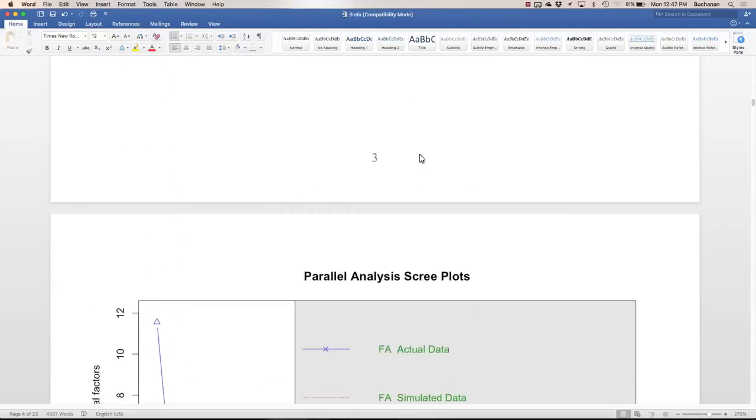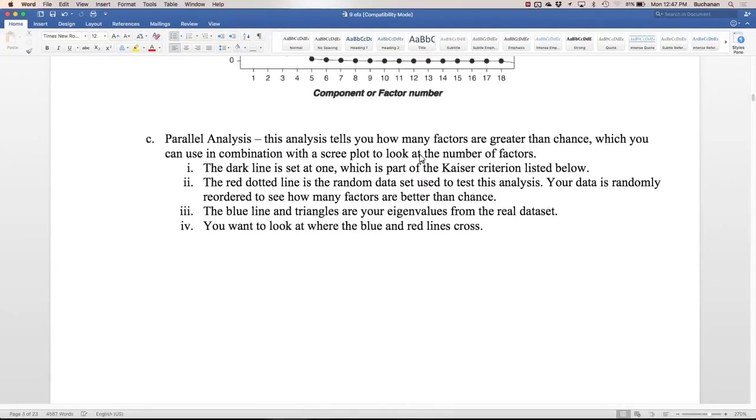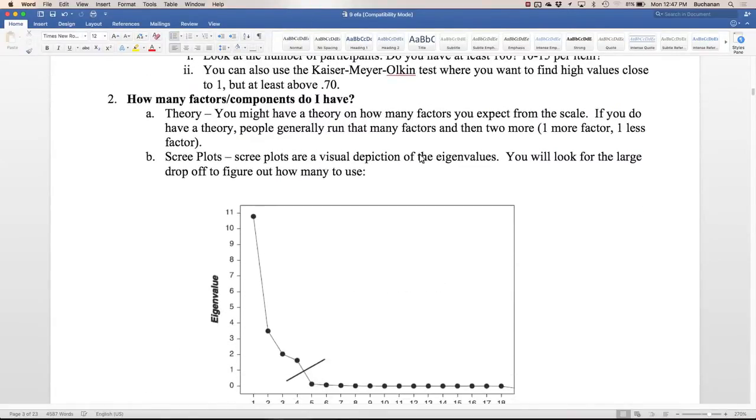I'll show you how I get that. So what do you do if they don't agree? That is an excellent question. Generally, I tell people to bias towards theory. So if you expect 3, and that's the purpose of what you're trying to do, run 3. If you really are like, I don't know, let's see what happens, try all of them. See which model's best. So if you get like 3, 3, 4, and 6, try 3, 4, and 6.